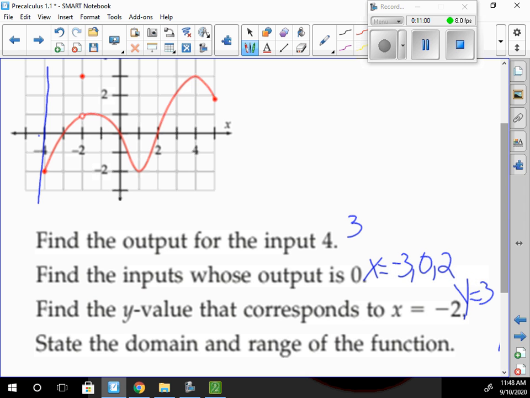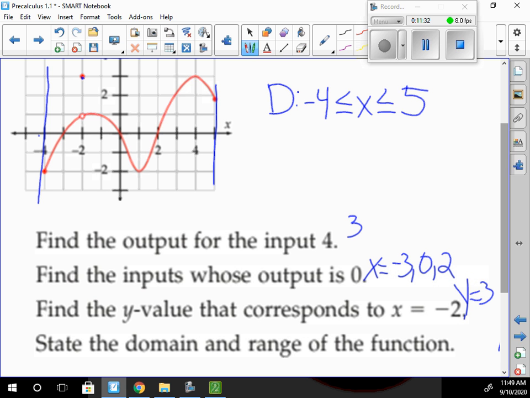It stops here. There's a hole, but the hole gets filled in. So it continues the whole way across to this point. So my domain would be from -4 less than or equal to x. So all my x values have to be between -4 and 5 because that's the endpoint of my graph.